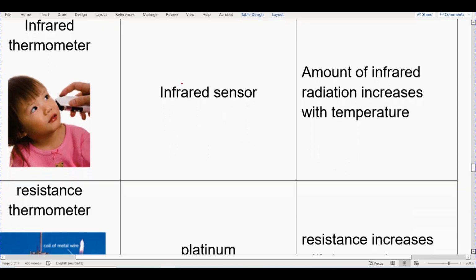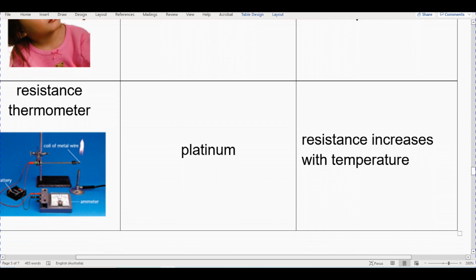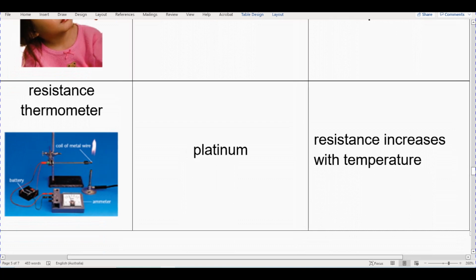Okay, and the resistance thermometer. Resistance is an electrical property of metals. We know that all metals have resistance, but this resistance normally varies with temperature. The higher the temperature of a metal, normally the greater the resistance.